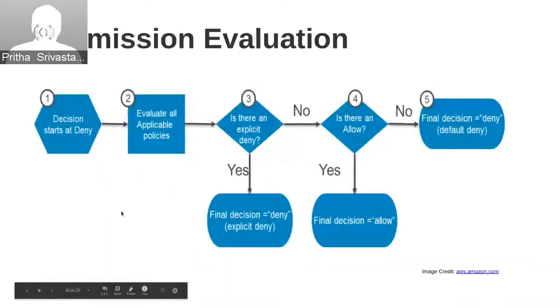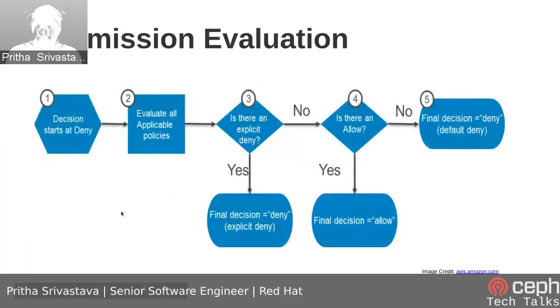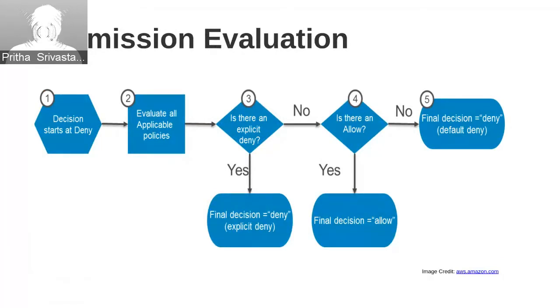So how are all the permissions evaluated? We initially start off with a default value of deny, and then all the applicable policies, namely the role's permission policy, the session policy, and the bucket policy, are all evaluated. If there is an explicit deny, then a deny is sent back to the end user.